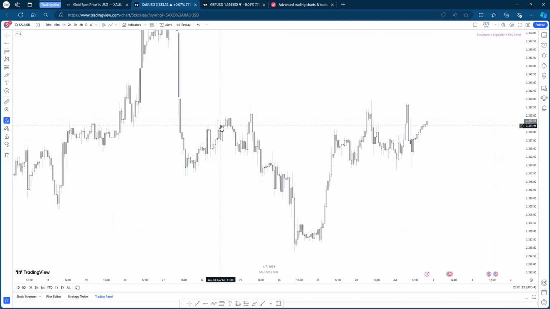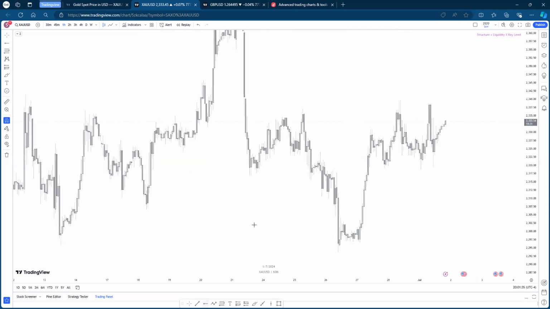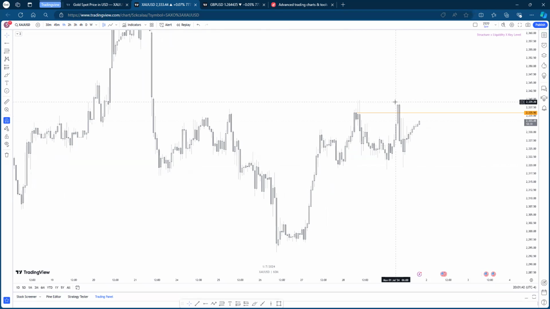So I entered at the lower one and then put my stop loss above the higher key level, the actual A-shaped key level. Is it for this sell? This sell, yes. You can see that price came close to that high.